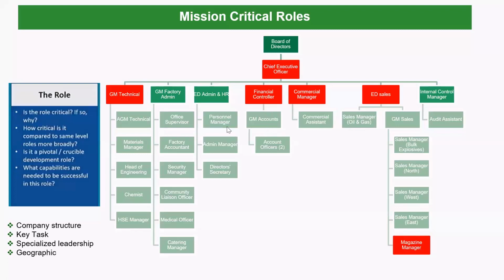That if someone who occupies this position leaves today, we are done for. I gave an example of an organization where it took them about 9 months to fill a role, about 8 years ago. What happened?